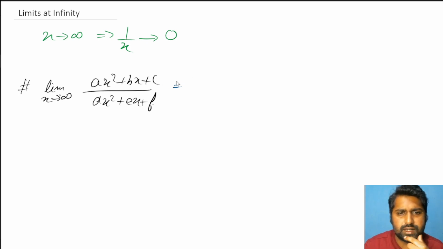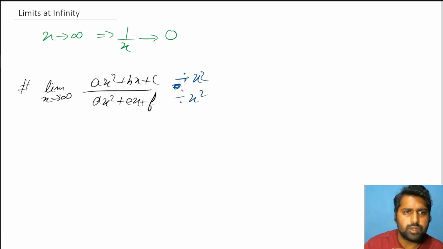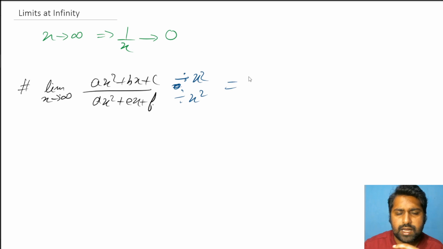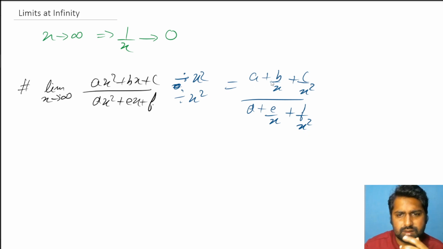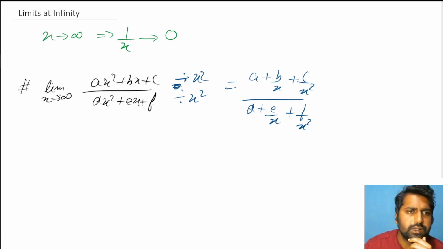Okay, x square is the highest, so divide numerator by x square, divide denominator by x square. Mathematically the question remains the same. So it will be a plus b by x plus c by x square upon d plus e by x plus f by x square. If x is tending to infinity, 1 by x is tending to 0, or directly we can say 1 by x is 0.